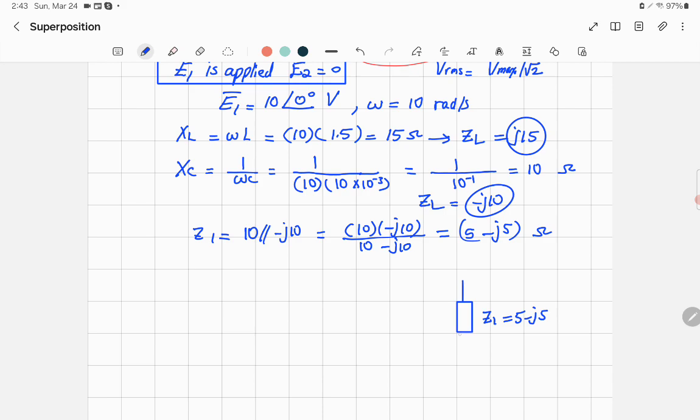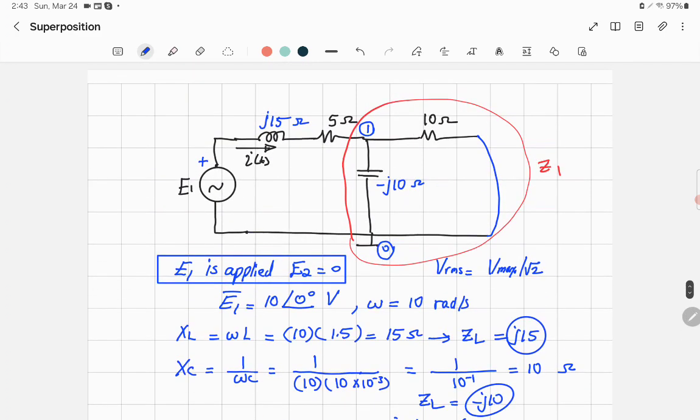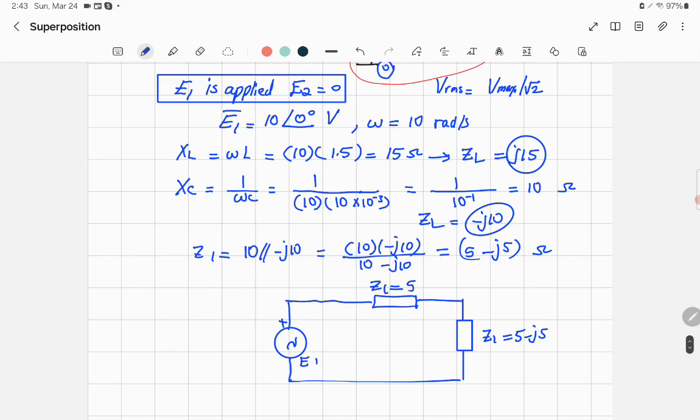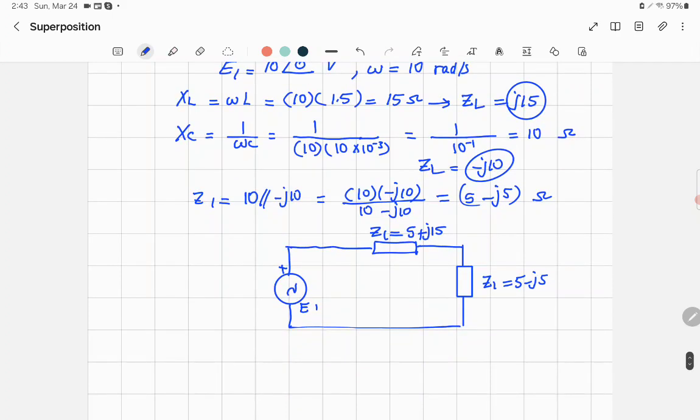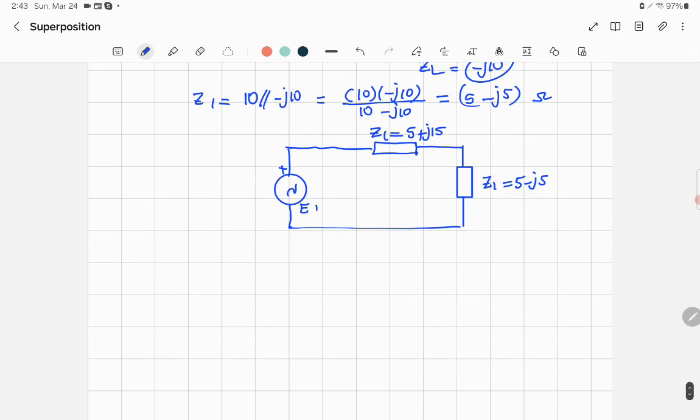What is the other impedance? I will call it Z2, and that is the source side. Z1, that's Z1. Z2 is 5 ohm and j15, they are connected in series, so I write 5 plus j15. Look at it again, 5 and j15. Okay. So what is Z total? Z1 and Z2 are in series.